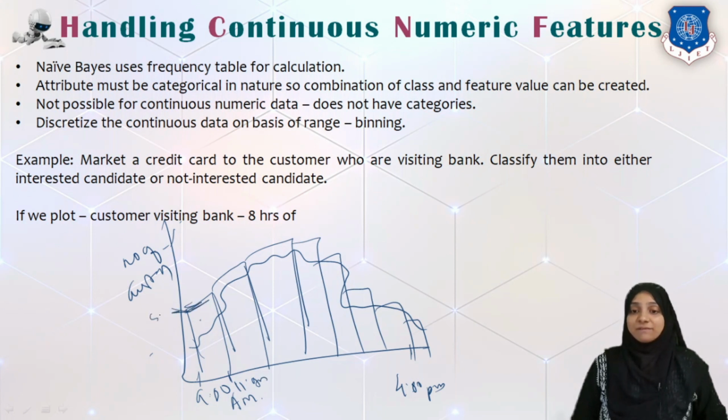Now we will have discrete values. Say only 50 customers are visiting. From 11 to 1, how many customers are visiting? And so on. This process is called handling discretization, or binning. And this binning is used for the naive Bayes classifier when it tries to work with real values.